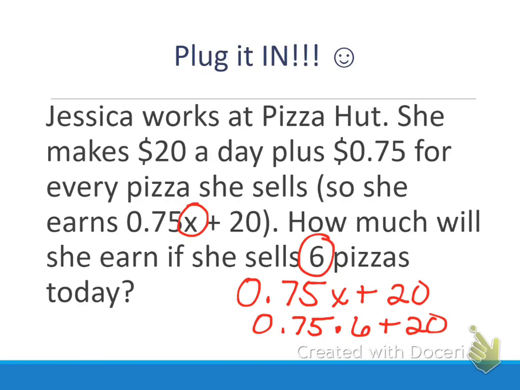Raise your hand when you have the answer. Ralph, what'd you get? $23.80. Raise your hand if you agree with Ralph's math. No? Okay. You have a different answer? Yeah, I got $24.50. Raise your hand if you agree with Olivia's math. Okay. $24.50 is correct.